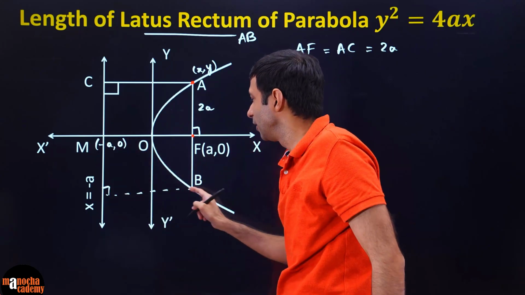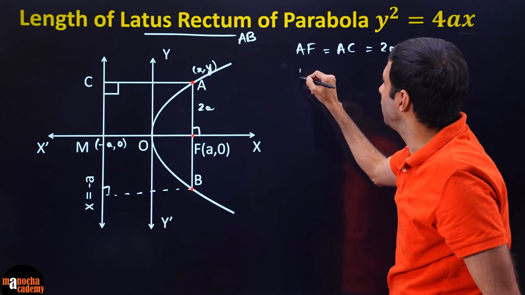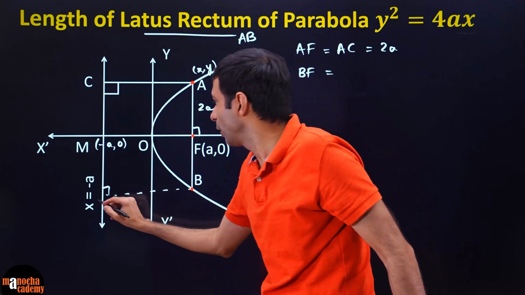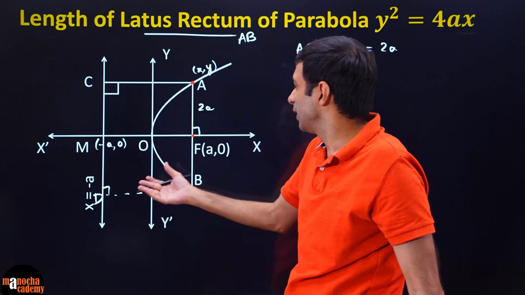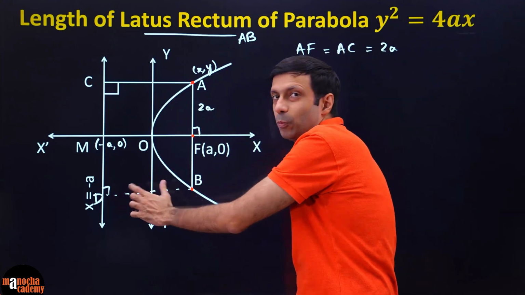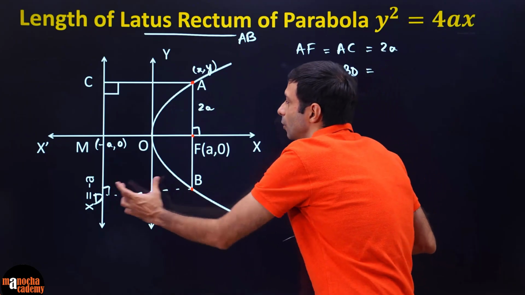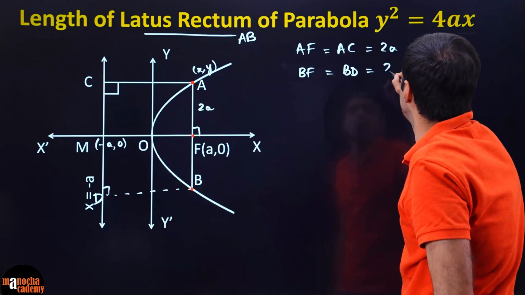Let's call this point D. BF is going to be equal to BD. I know it's not looking exactly equal in this diagram, it's a rough diagram. So BF equal to BD, and that's again going to be equal to 2a, because this is the distance here, right? So this is going to be 2a.